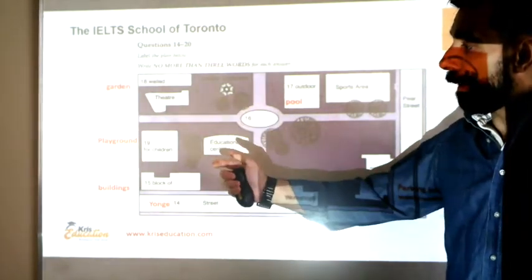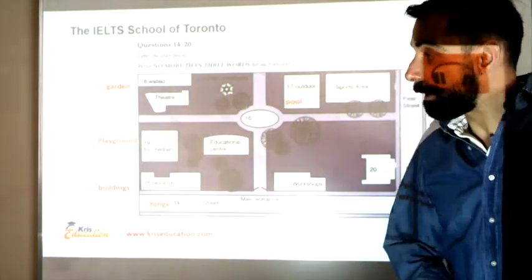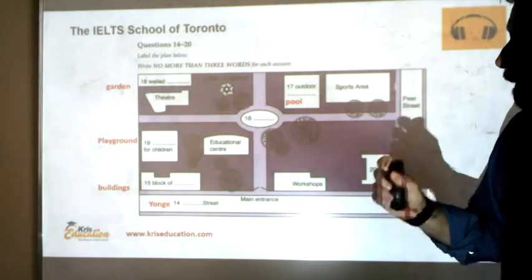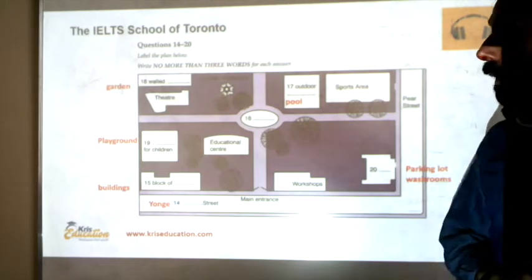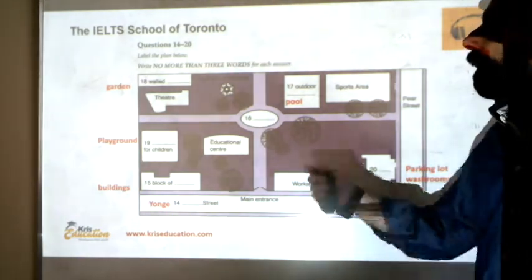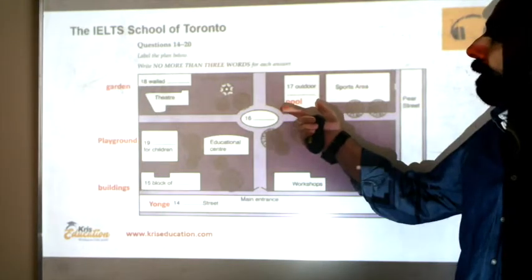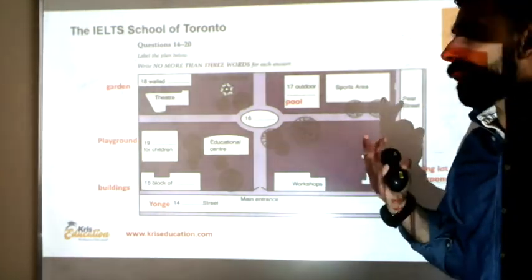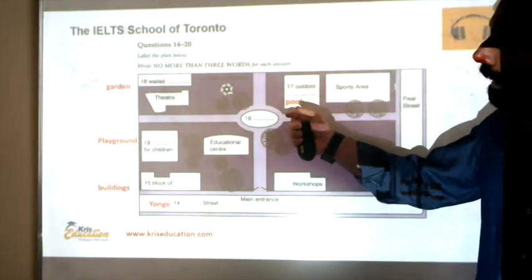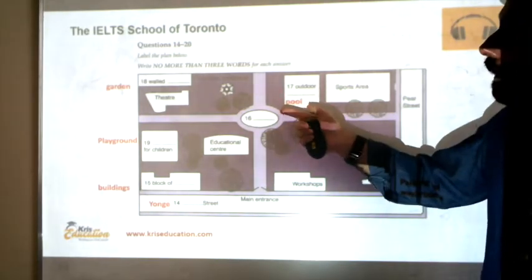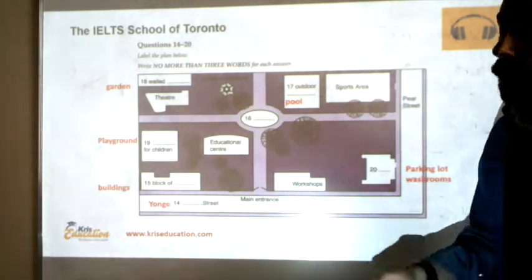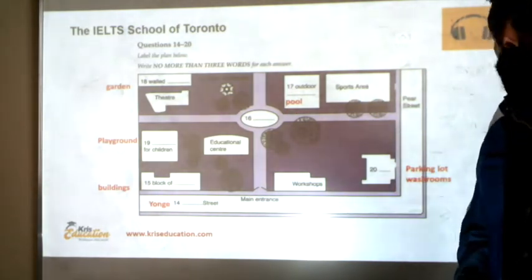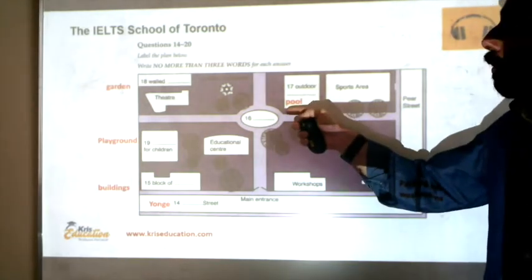The map, at the end of the day, is a gap-filling activity. Very, very important to predict. And when you predict, write down actual words. Do not write down words like noun, like I'm listening for a noun here, or I'm listening for a number. These are not very helpful. If you write down actual words, actually you are listening for a reason, because you are listening for a word in number 17, for example, that is similar to the word pool.